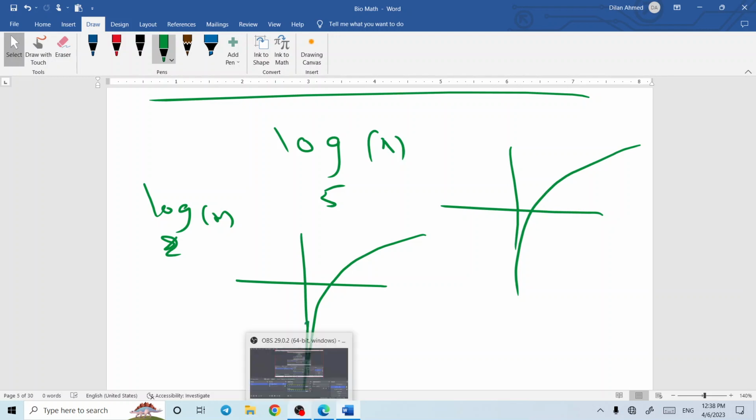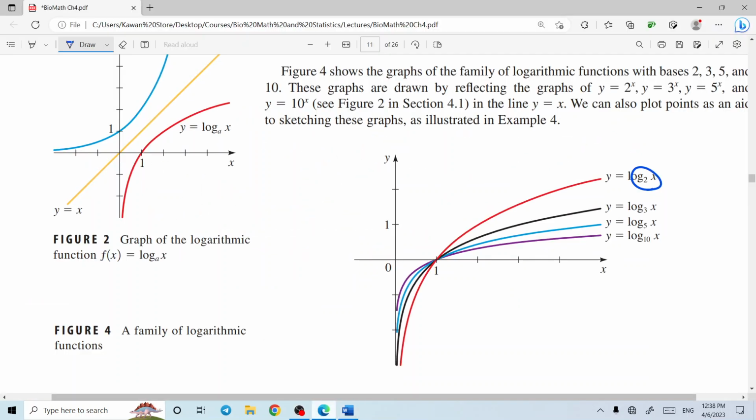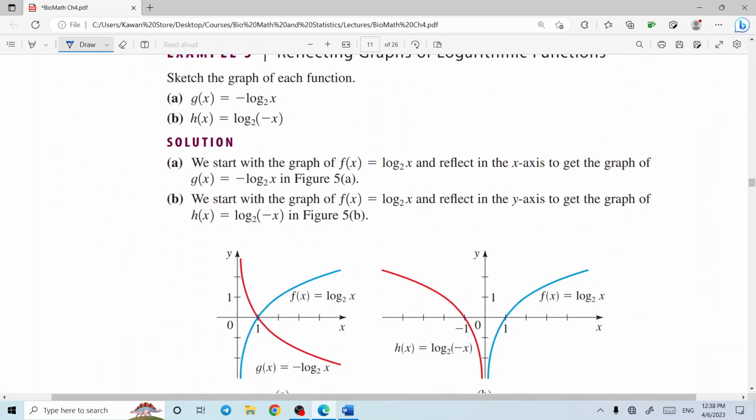You shouldn't exceed the y-axis because it is an asymptote. Good. Now look at the graph: log 2, log 3, log 5, log 10, whatever you have, as a shape it is like that. That's the first.